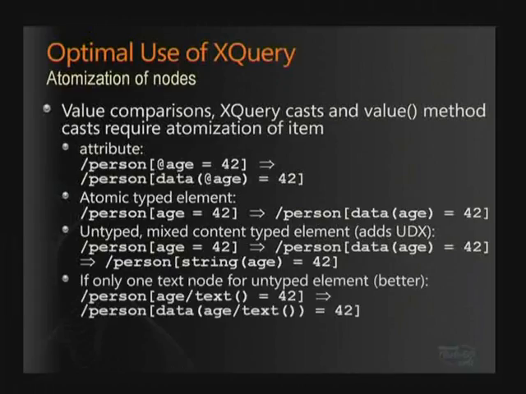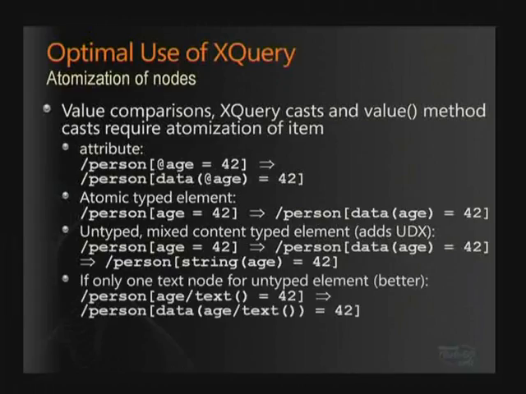Either I add a schema or I use the /text to get there. Why is that important? The UDX is an aggregator that does bad things at runtime, which makes it impossible to use the value lookup on the index, because it actually has to apply that transformation first. So avoiding that means that I can more likely make use of my index.